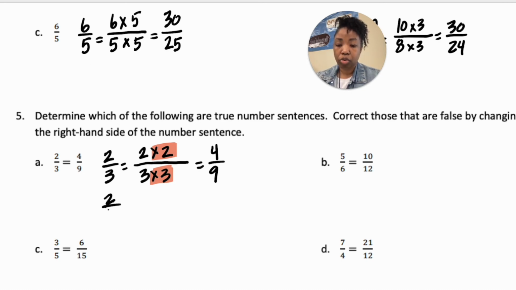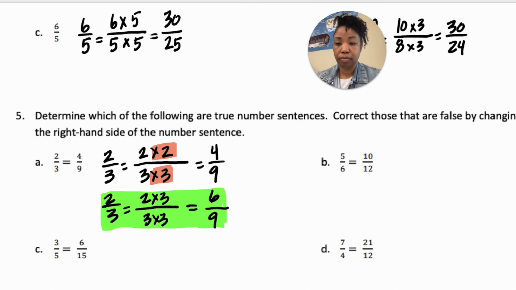I'm going to do 2/3, and I'm going to multiply 2 times 3. That would give me 6/9. Now this is a true statement. Now this is good.